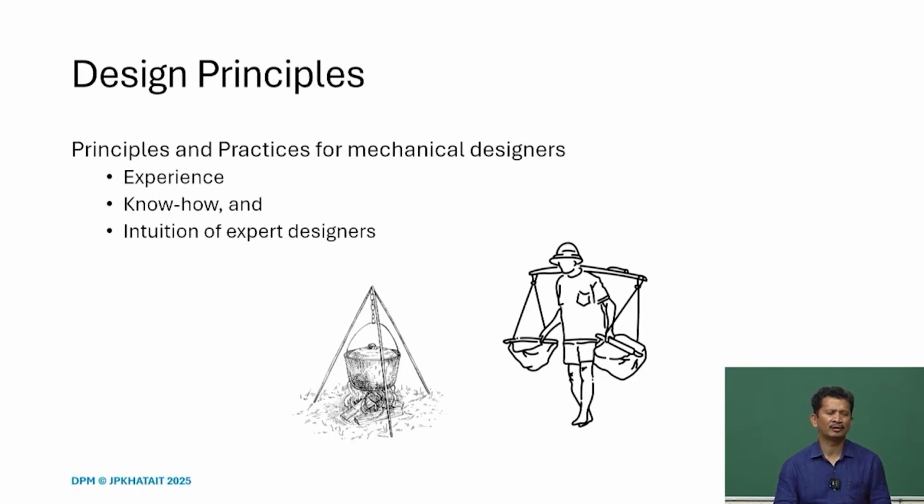So, here we talk about design principles, and what we want to learn or emphasize is how to make these machines, how to make these products or these machines, so that we get the things at the right time and we get it at an affordable price.